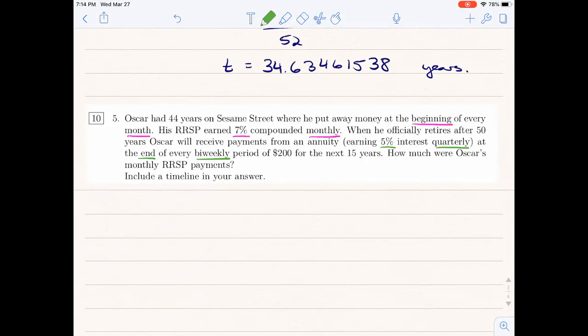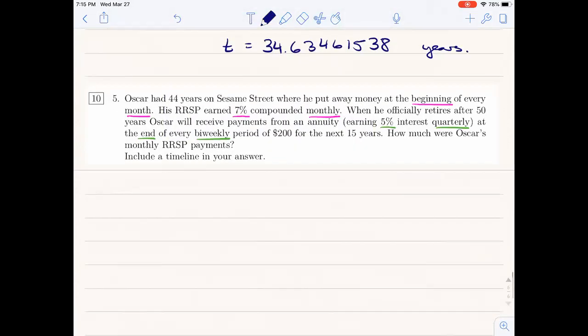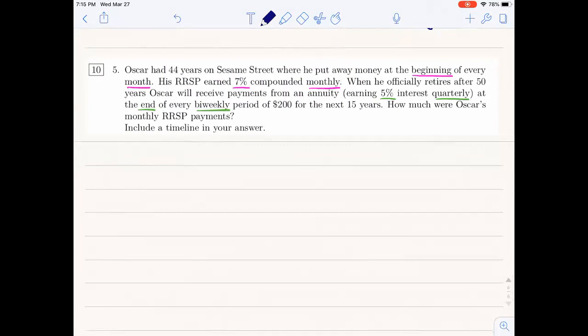So we've got different payment frequencies, different compounding frequencies, different rates, and different lengths of time. What we eventually want to find is how much Oscar's monthly RRSP payments were. So let's map this out in a timeline just so we can see what's going on.